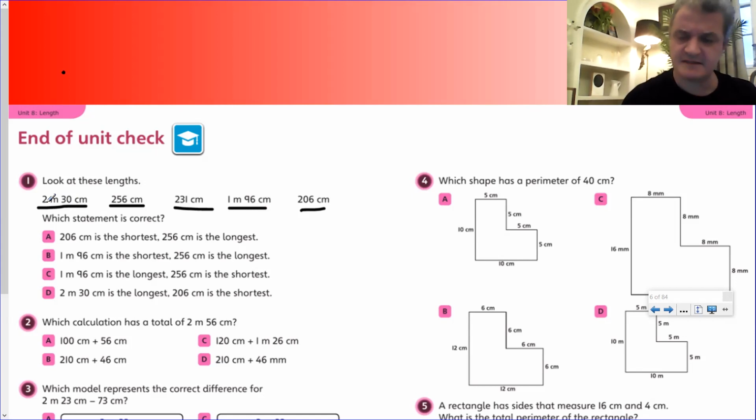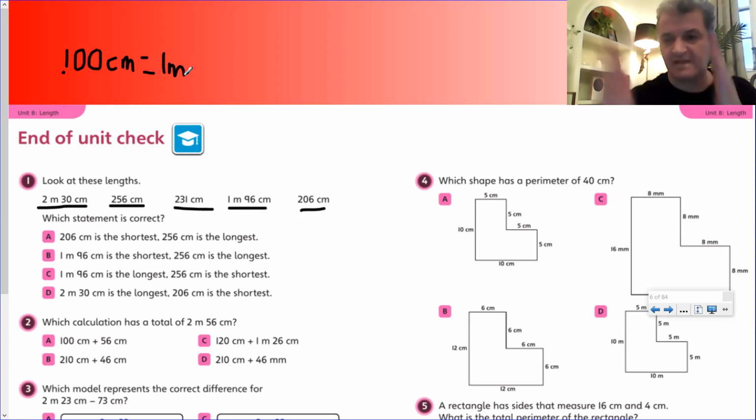So how many centimeters are there in 1 meter? We need to remember that there is 100 centimeters in 1 meter. One of those facts that we really should know. If you think about the meter stick at school, there's 100 centimeters, or 3 and a bit of our little 30 centimeter rulers.